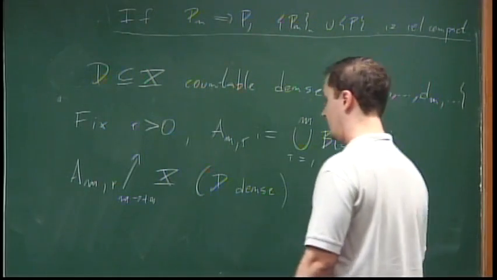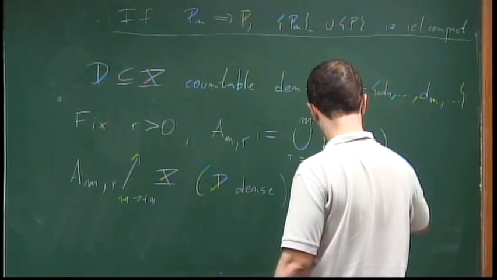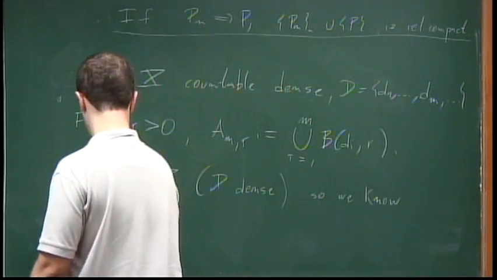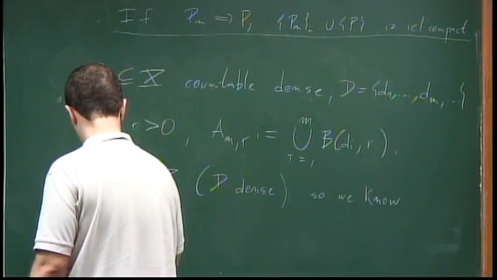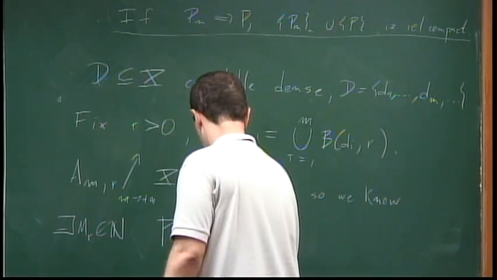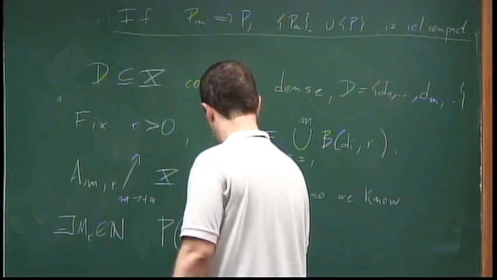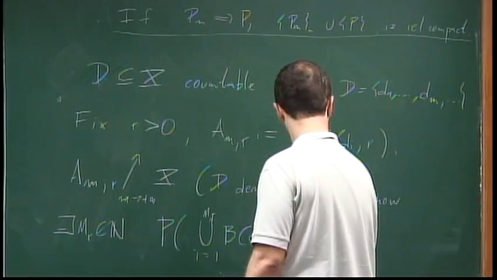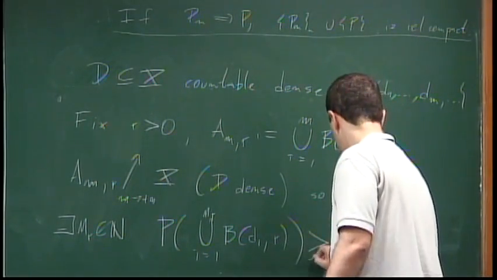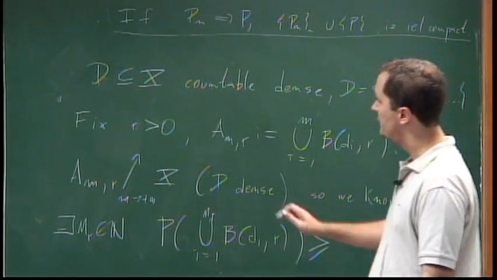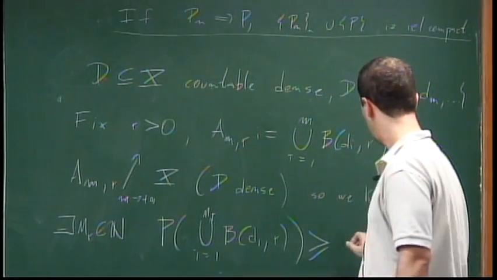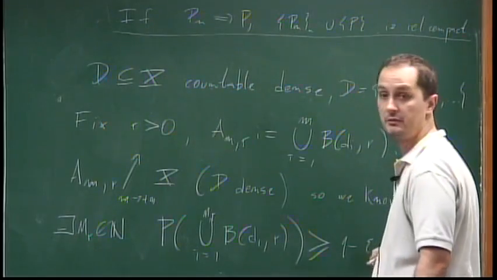So we know that there exists an M depending on R such that P of A_{M,R} is greater than 1 minus epsilon_R, for any epsilon_R that we choose.